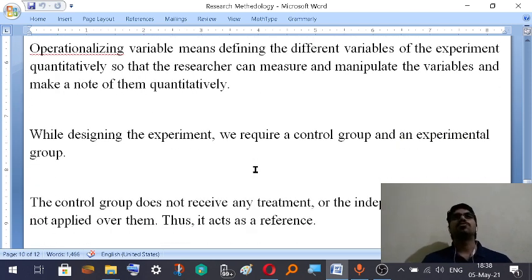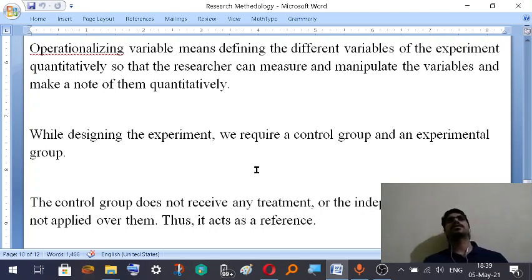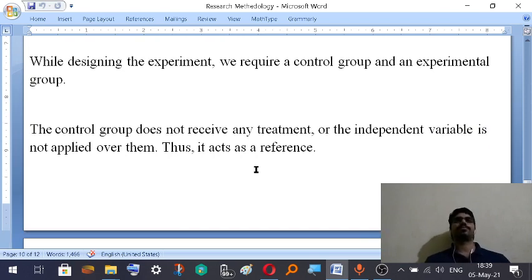Now let's move on to the designing the control. So before designing the control, let's try to understand what the control actually means. What is control group? A control group is a group that doesn't receive any treatment, or the independent variable is not applied over them.